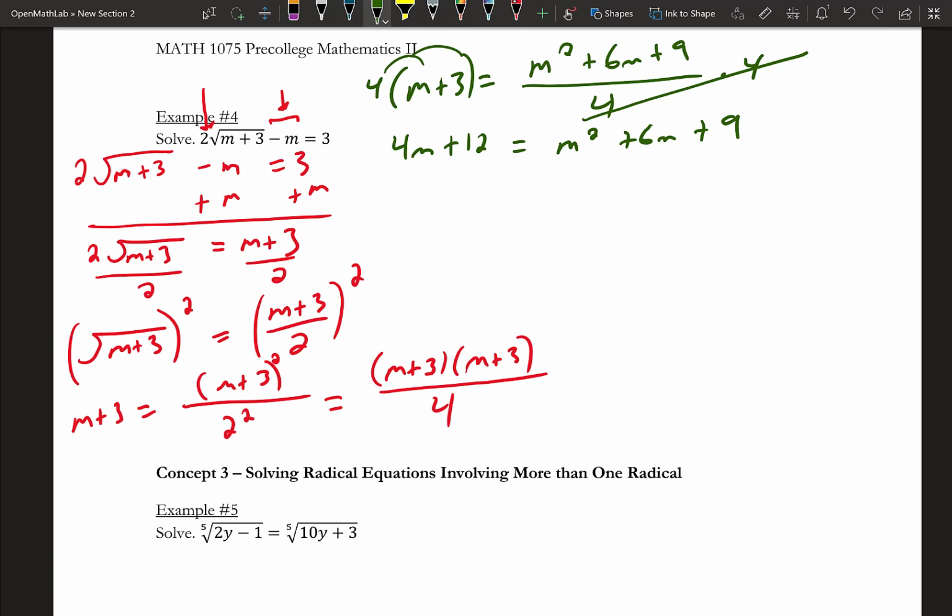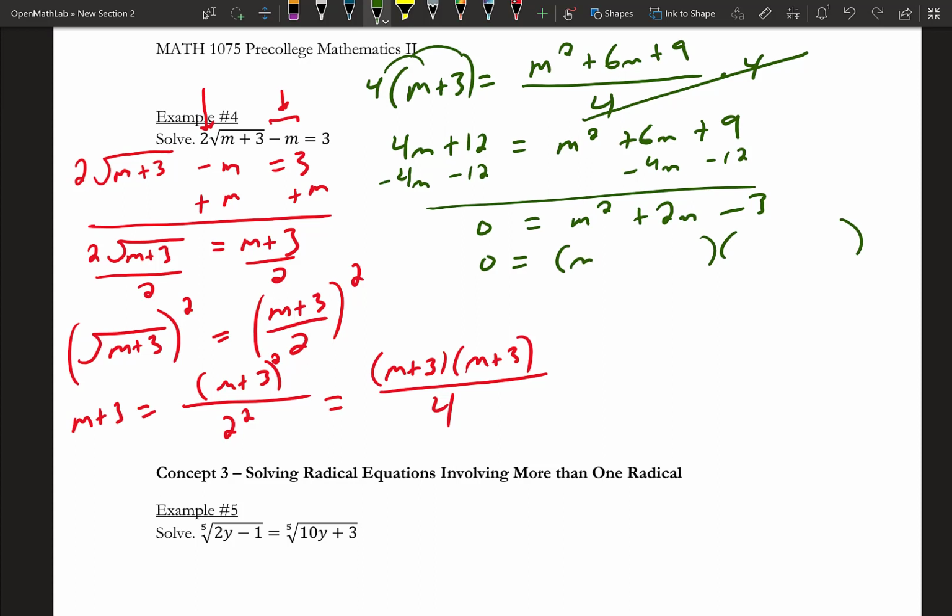And then we would notice this is a quadratic type of equation, so I want to set it equal to 0. So subtract 4m and subtract 12 from both sides. So what we get is 0 equals m squared plus 2m minus 3. And then I would try factoring this first, like we've done.